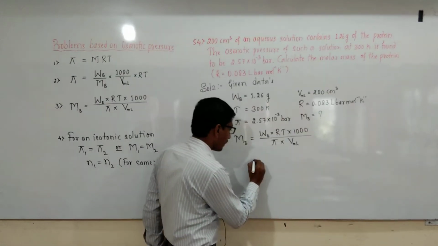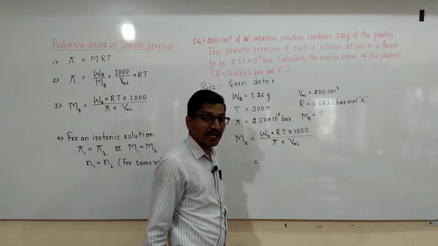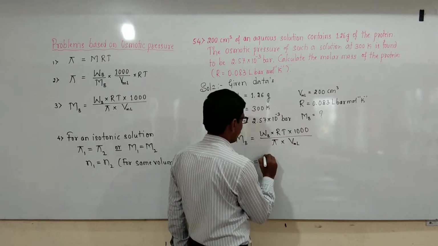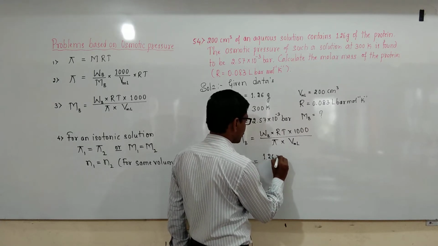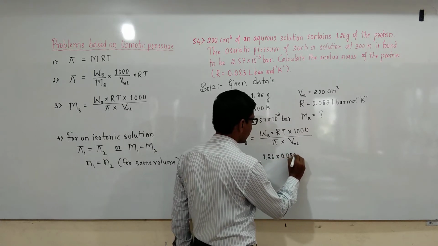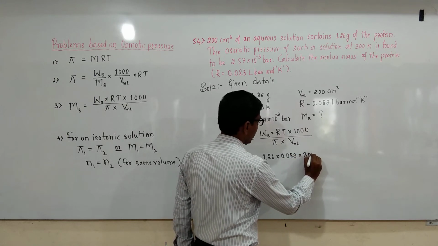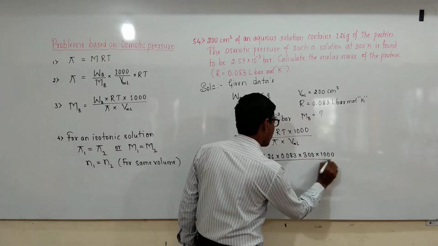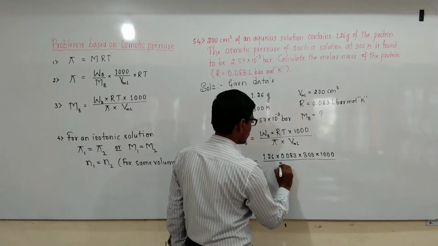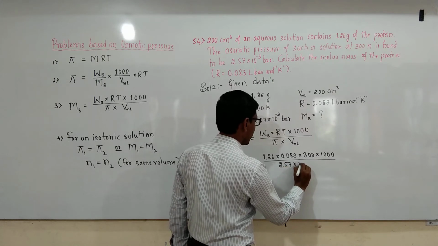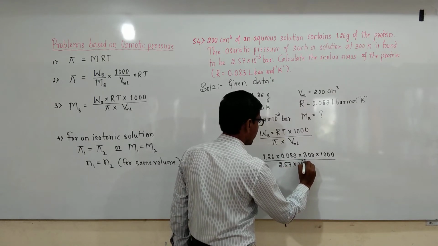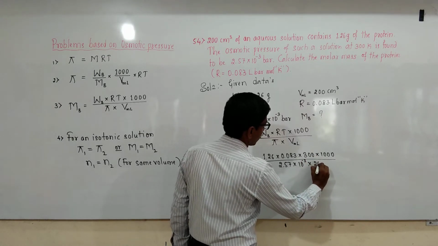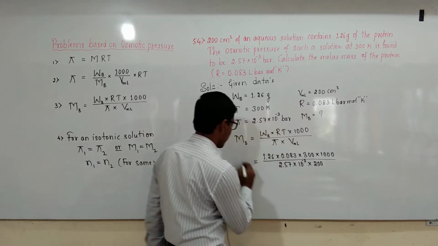Then substitution of values in the formula, correct substitution, 1 more mark. 1.26 into 0.083 into 300 into 1000 divided by pi, which is 2.57 into 10 raised to minus 3, into volume of the solution in mL, that is 200.